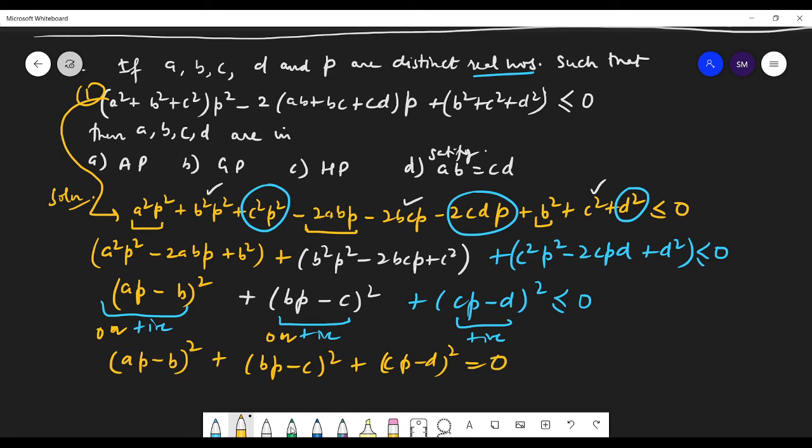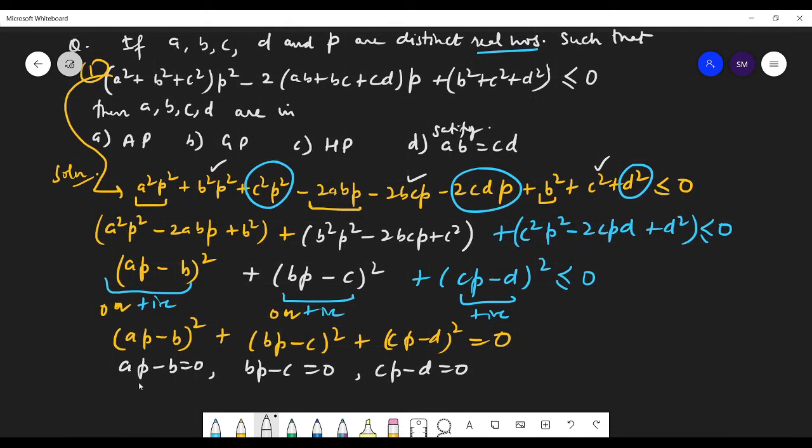So 3 squares equals to 0 means they all are 0. Sir, A, B, C, D are in GP. Yes, A, B, C, D are in GP.